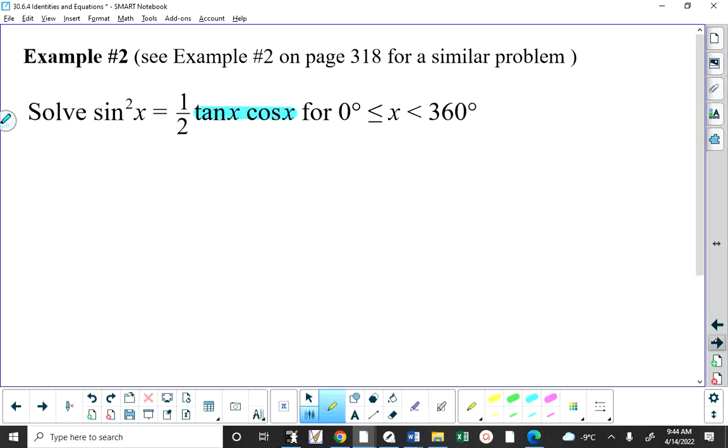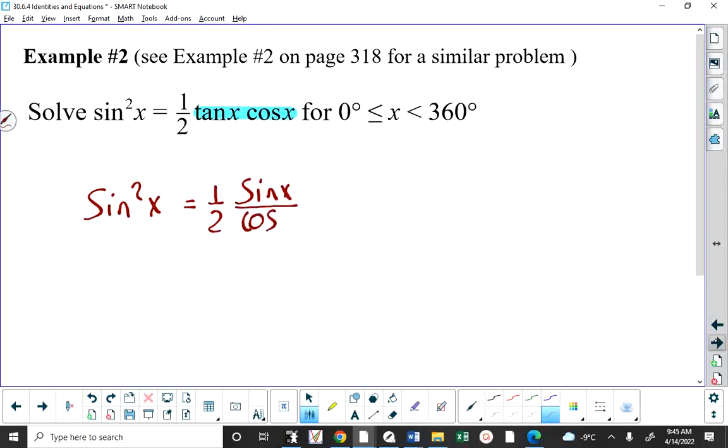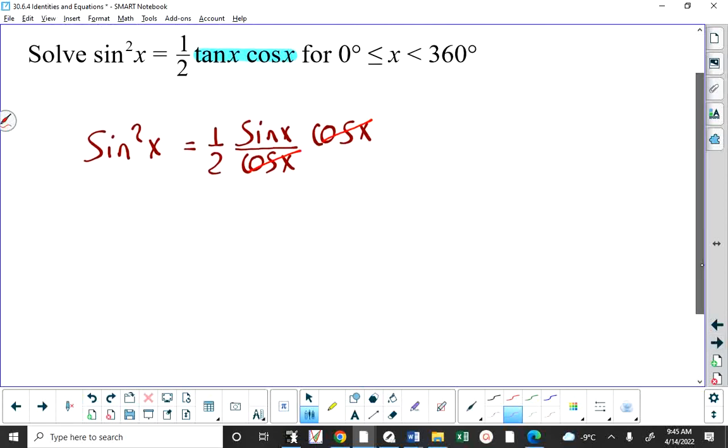So if I rewrite this as sine squared of x equals 1/2 sine of x over cos of x times cos of x, the cos of x's will cancel, and I'm left with a trigonometric equation that contains only sines, which means it's simpler in some way. It's less complicated. I end up with sine squared of x equals 1/2 sine of x.